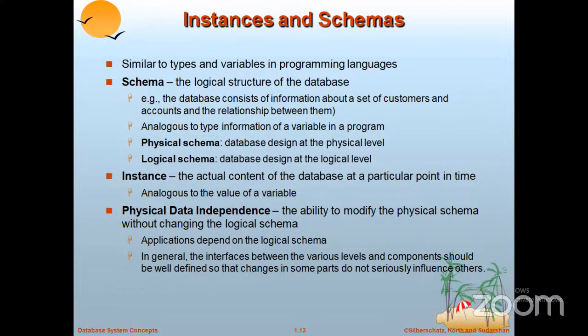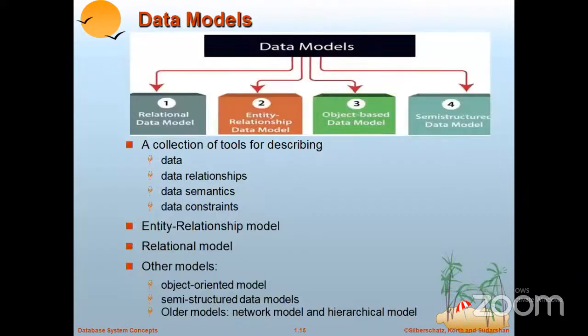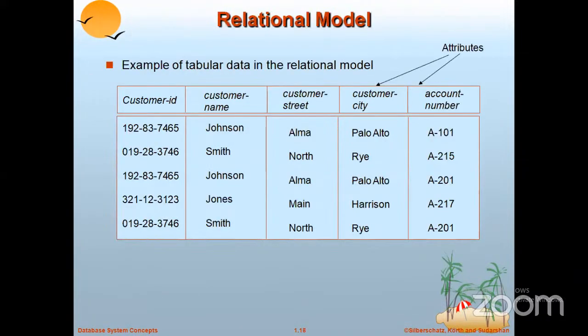Database is a collection of tables. Table is organized data in the form of rows and columns. So the structure of a database is referred to as a schema. Take this example: customer ID, customer name, customer street, city, account number.